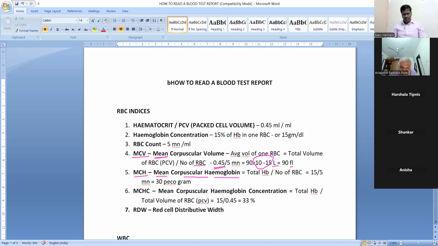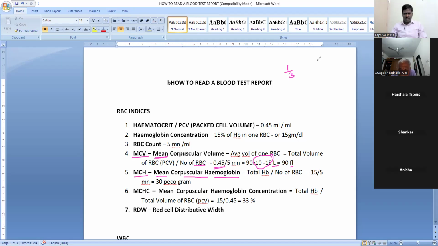That is total hemoglobin divided by the number of RBCs. We said only 1/3 of the volume of the RBC can be hemoglobin. It cannot occupy 100% of the cell volume.